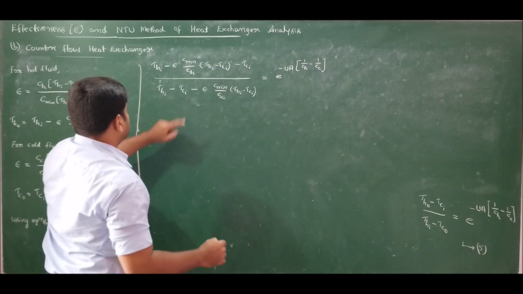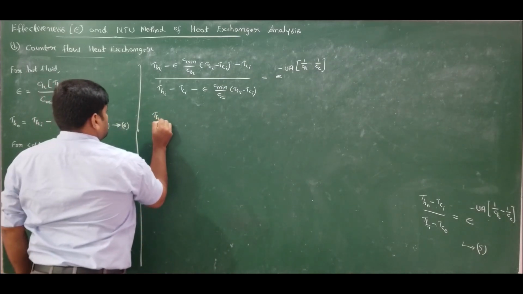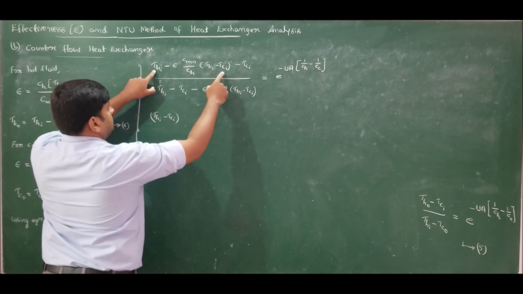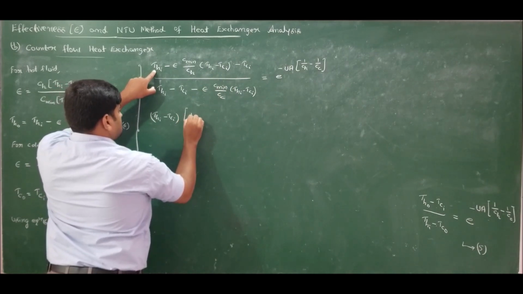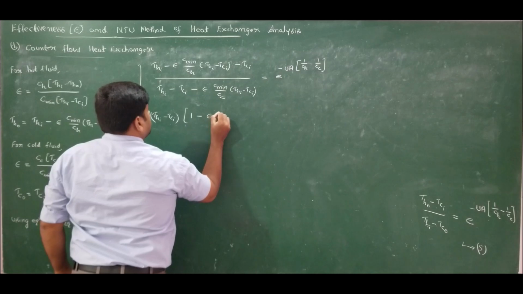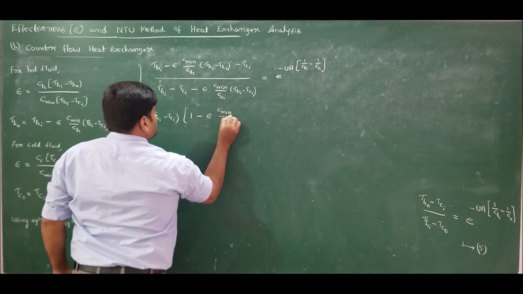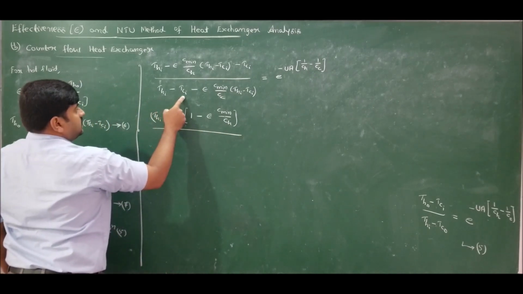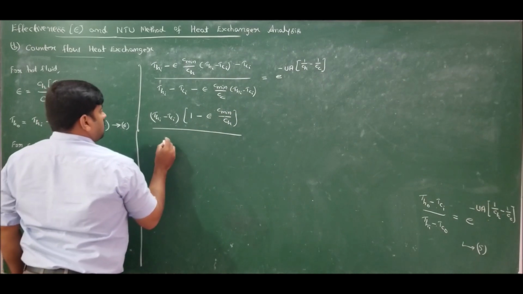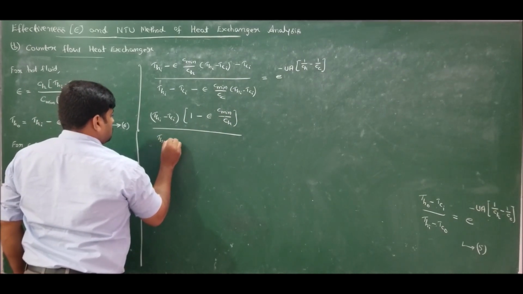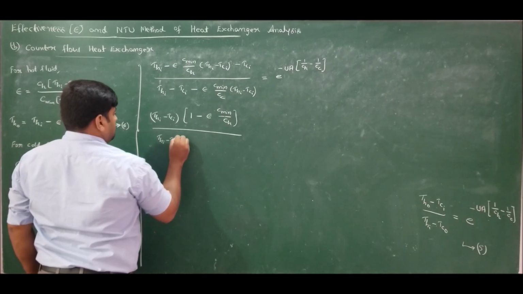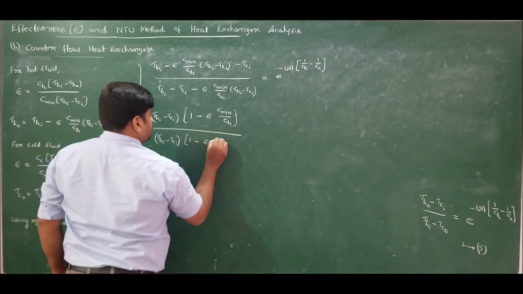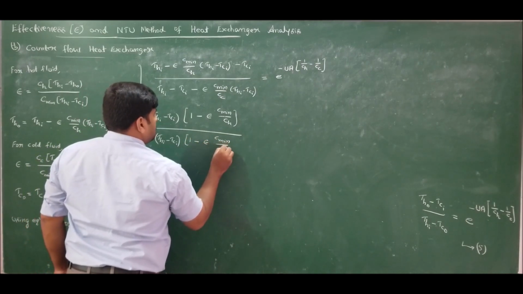If I do that, I'll get THI minus TCI common, times 1 minus epsilon C minimum by CH, divided by THI minus TCI common, and if I take it out, I'll end up with THI minus TCI, taking it out, times 1 minus epsilon C minimum by CC.